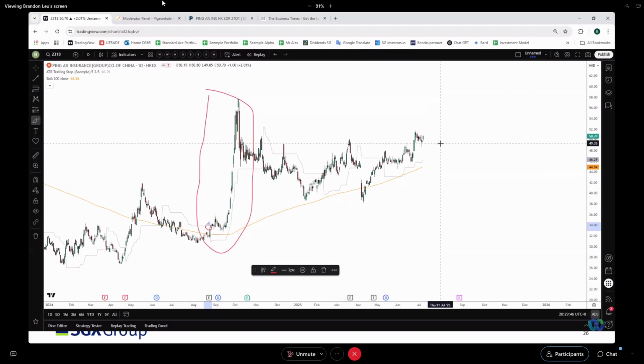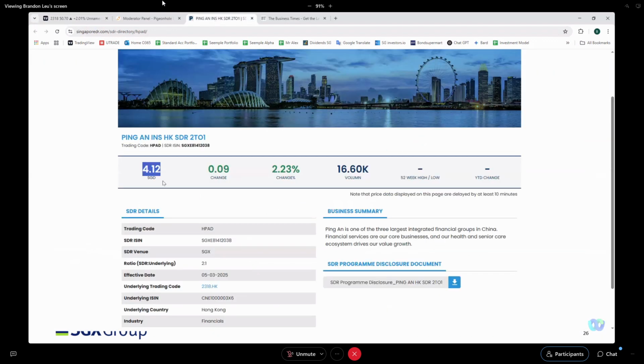But right now, it technically shows that there's more demand than supply. So this is a trade setup for 2318, which can be accessed using HPAD SDR listed on the Singapore Stocks Exchange.